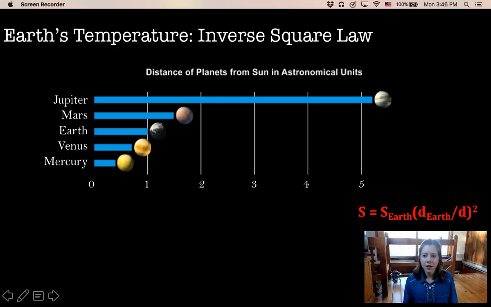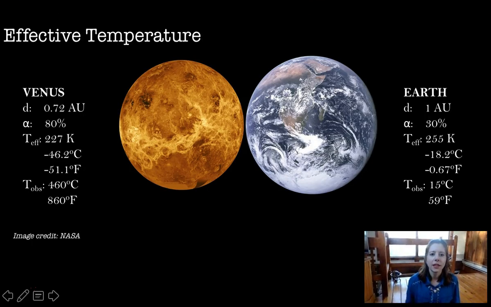We square it, and that will give us a solar flux density at the top of Venus's atmosphere that's about twice that of Earth, so about 2,600 watts per meter squared, which is exactly what we'd expect. We would expect it to be warmer at the top of Venus's atmosphere.